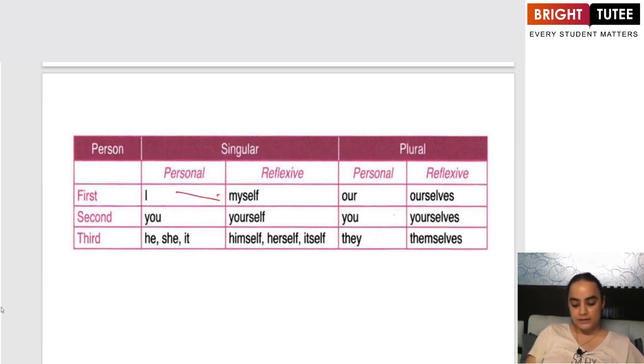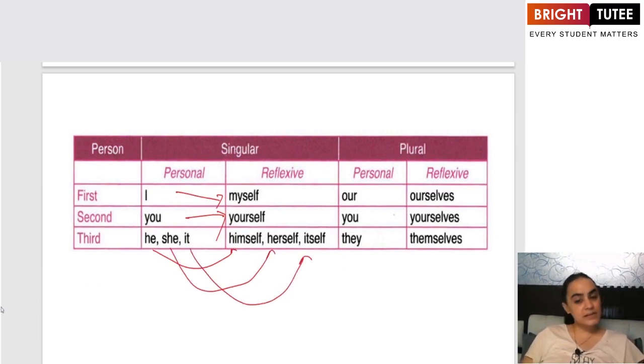I becomes myself, you becomes yourself, he becomes himself, she becomes herself, it becomes itself. Our becomes ourselves, you becomes yourselves, and they becomes themselves. So singular, we have self, and plural, we have selves. Okay, I hope we all understand the difference between singular as well as plural by now, right? So this is something which is clear to us.